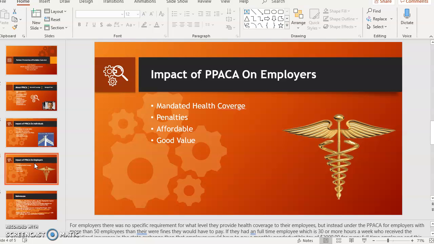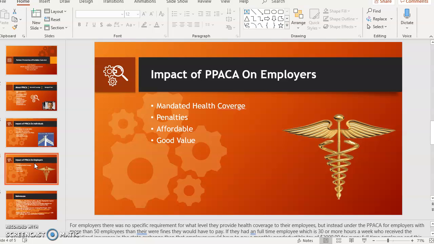If they had a full-time employee, which is 30 or more hours a week, who received subsidized insurance in the state exchange, then that employer would have to pay a monthly non-deductible tax of $2,000 for every full-time employee, and that amount could add up fast.